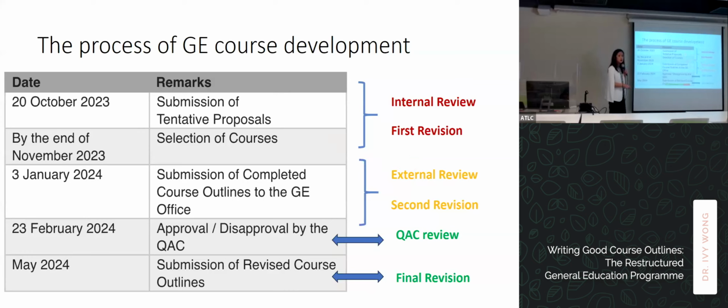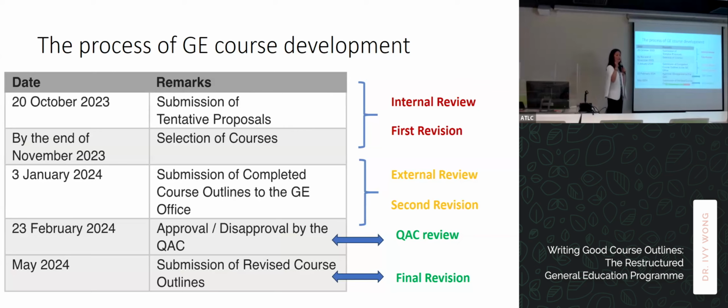External reviewers include our external program assessor. He or she is very detail-oriented. And then once we have done that, we have to ask our instructors to do a second revision. After the second revision has been completed, we'll give it to QAC for the third internal review.